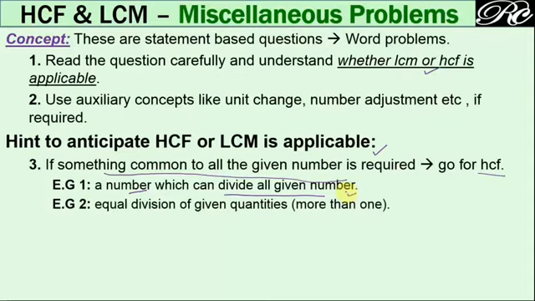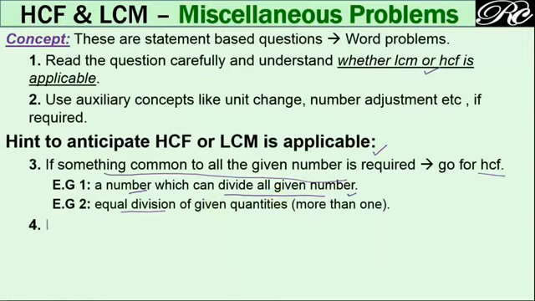Means required is just a part of the given number, therefore it will be the HCF. Or example 2, if we have to divide the given different quantities or numbers into equal parts, then that equal part will be the HCF only. So equal division of given quantities. Now this was how we can anticipate for HCF.